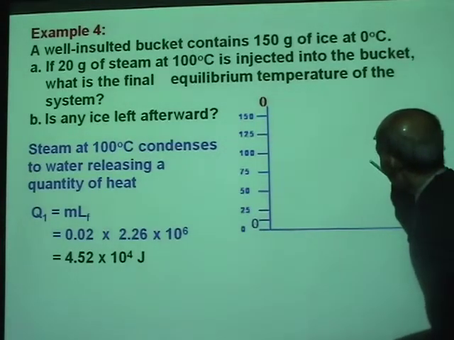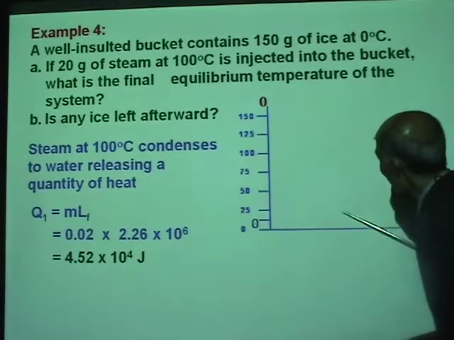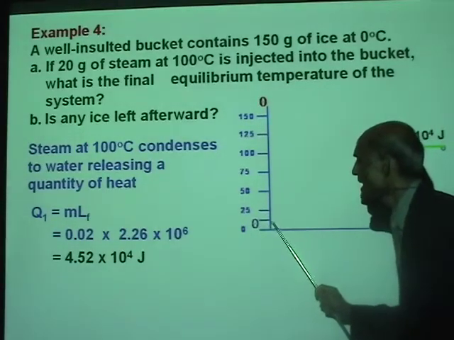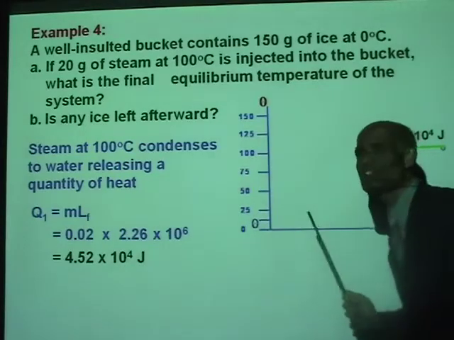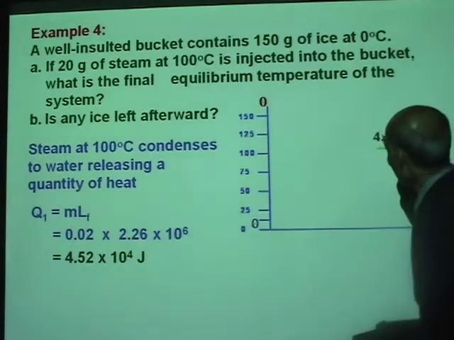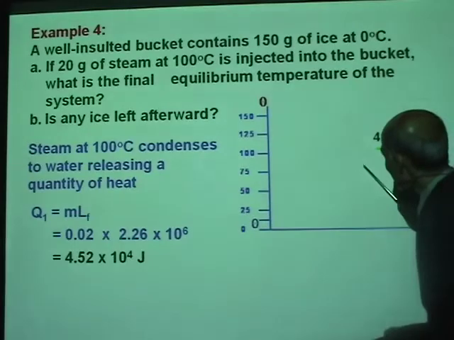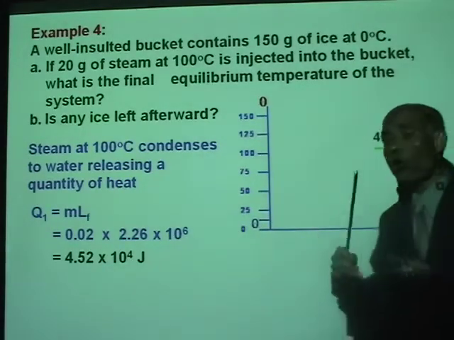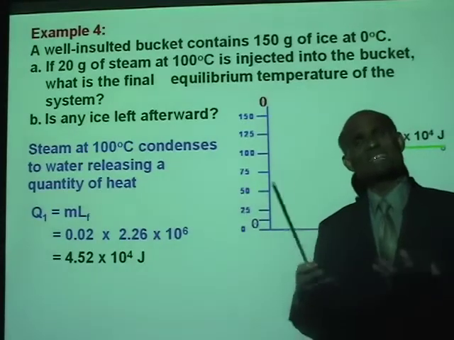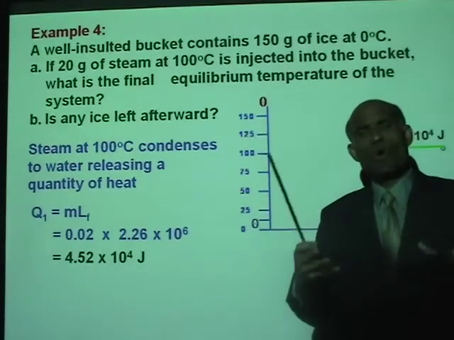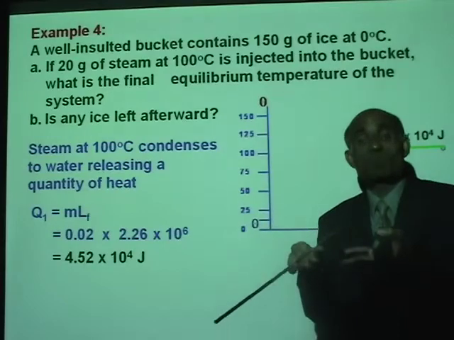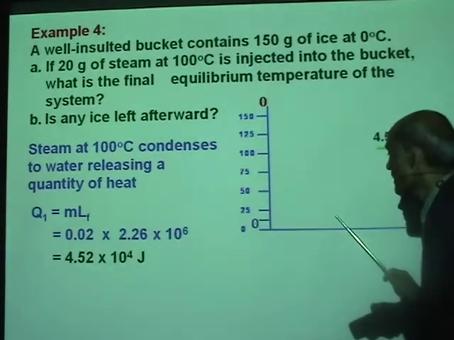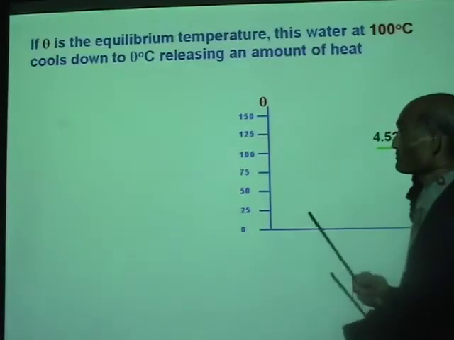Water at 100 degrees is going to come down to some common temperature, and I have assumed that let the common temperature be theta. So, water at 100 degrees is going to cool down to theta, assuming that all the ice melted. We made an assumption here. Let's assume that all the ice melted and the temperature of the melted ice increased to theta. And that's the common final temperature.